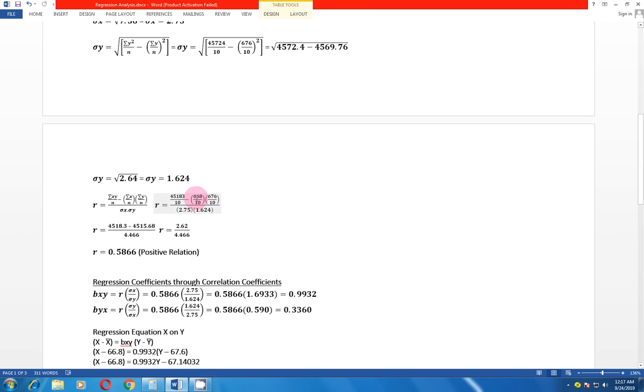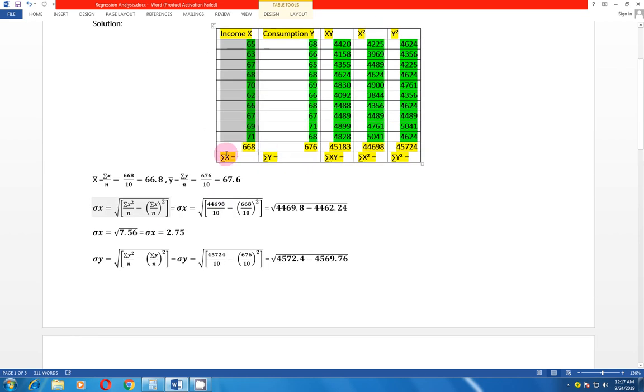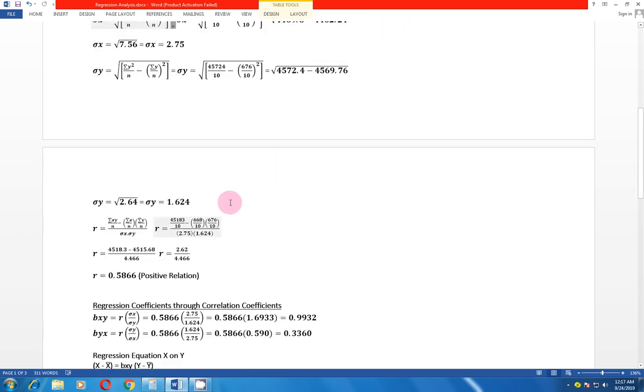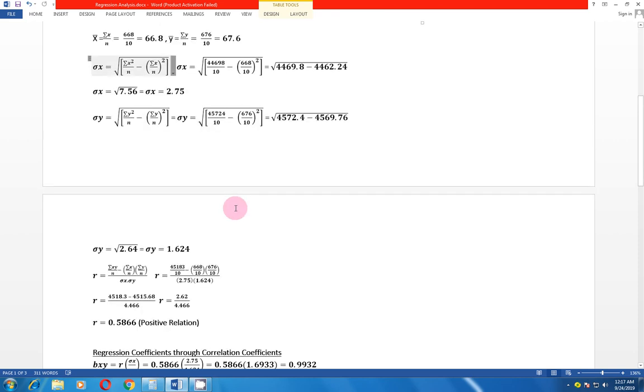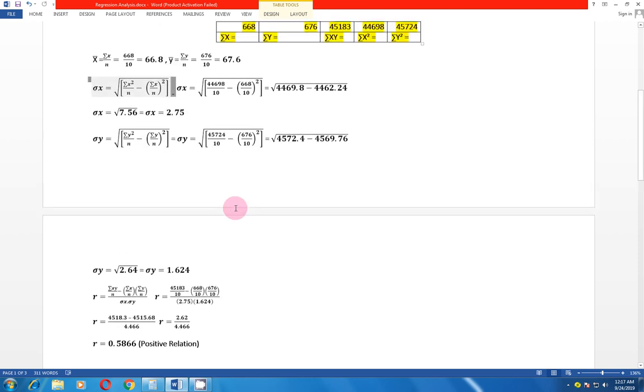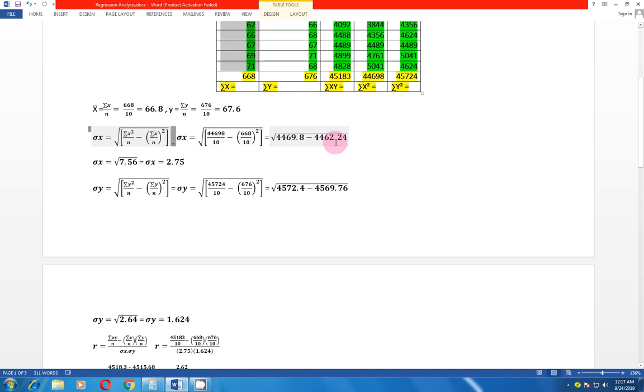So sum of x is 668 and sum of y is 676, and the whole divided by standard deviation of x and standard deviation of y. Here we calculated the standard deviation of x and of y. Standard deviation of x is 2.75 and standard deviation of y is 1.624.